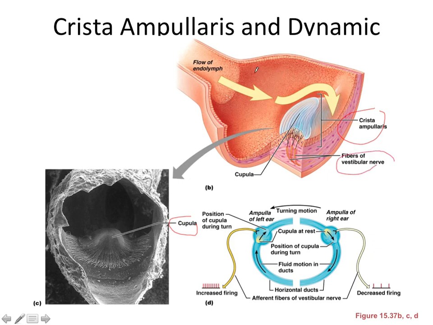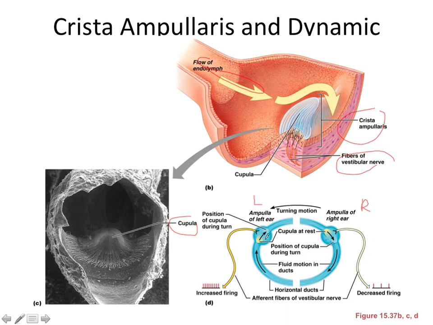Since the canal is filled with endolymph, a fluid, if we turn our head to the right or to the left, for example, to the left, okay, so this is left, this is right, the semicircular canal is turned to the left.